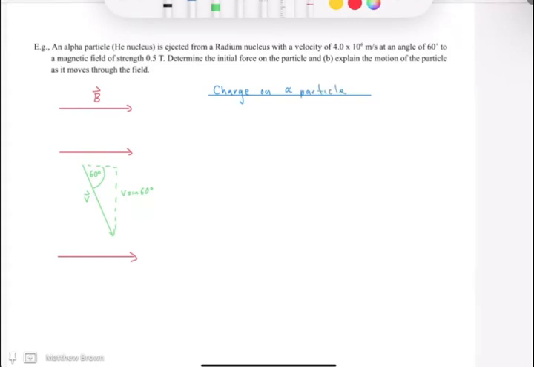The charge on the alpha particle, well, it's just basically 2 protons. And the charge on a single proton is 1.602 times 10 to the negative 19 coulombs. So multiplying those, I get 3.204.